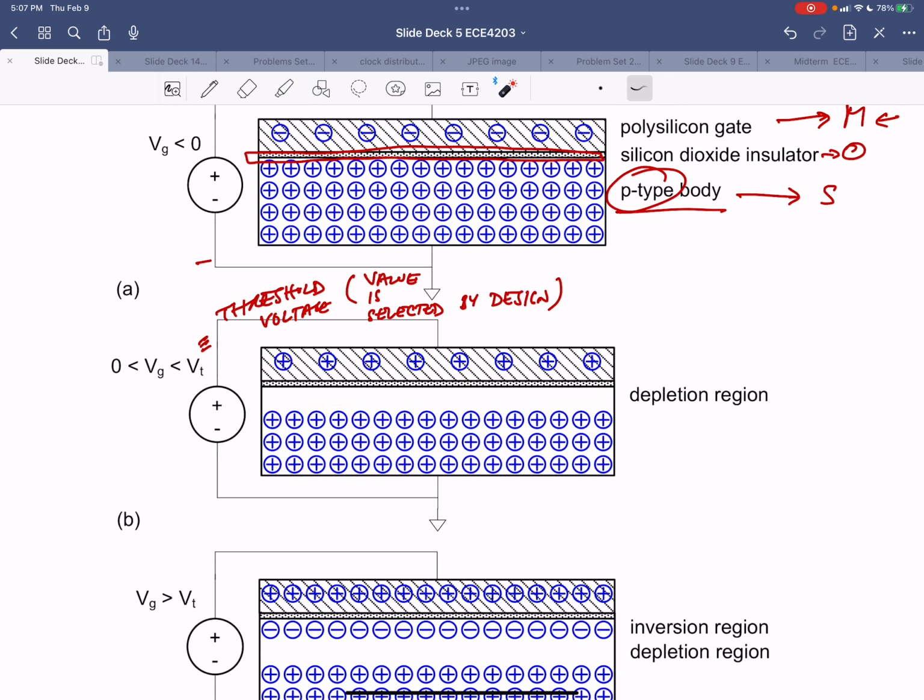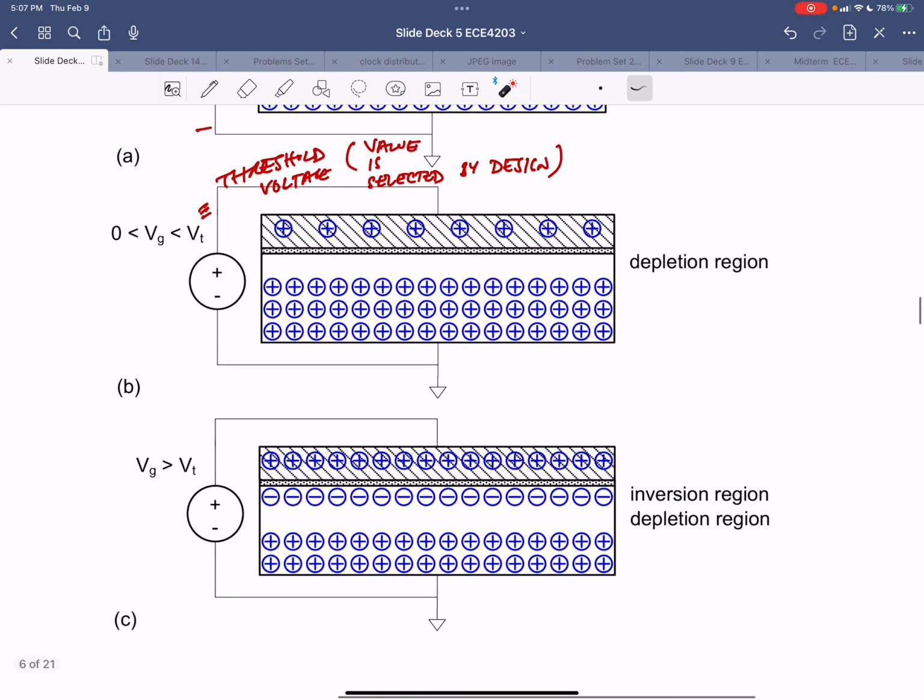Because these charges are mobile, they will physically move away from under the gate. They'll leave a space where there are no mobile positive charges under the gate. So that's what happens as the voltage goes above zero but is below the threshold.